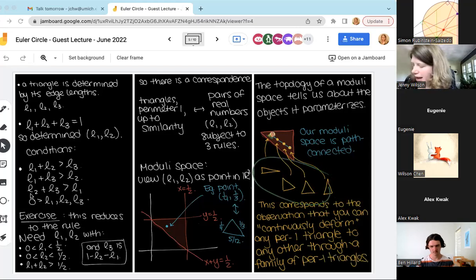As you move along this path, this edge is continuously getting bigger, this edge is continuously getting smaller, and at every stage I have a perimeter 1 triangle.